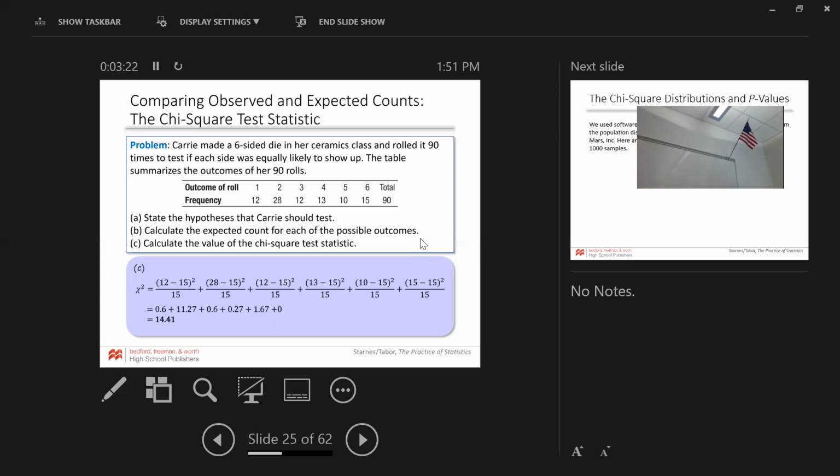We need to compare that to something. We need to compare it to the cutoff. So if you go to your textbook, now, if you have the electronic copy of the book, I'm not sure how you do this, you go to the very back where the table is.